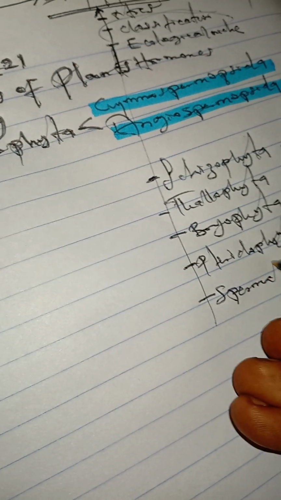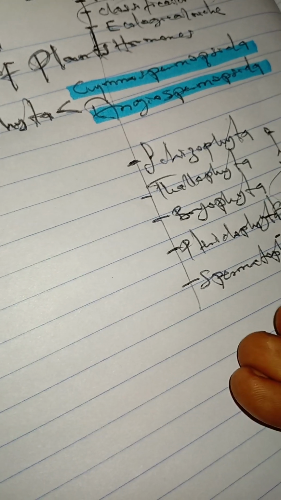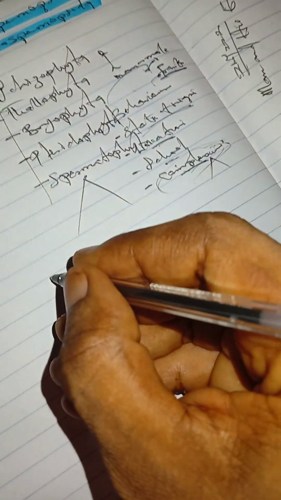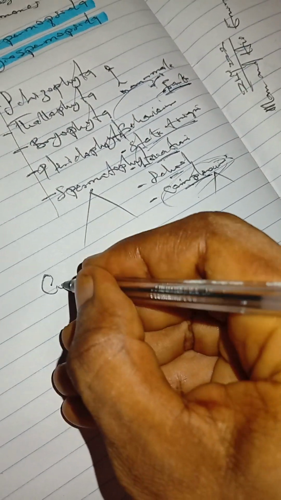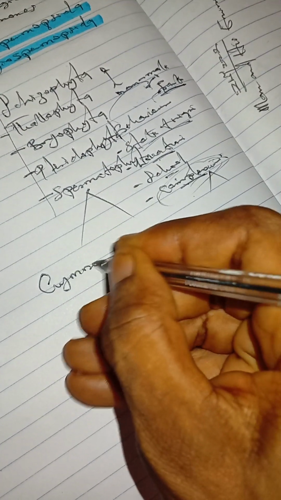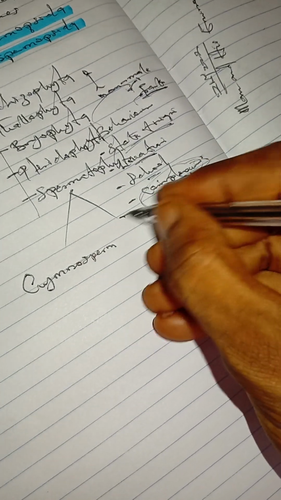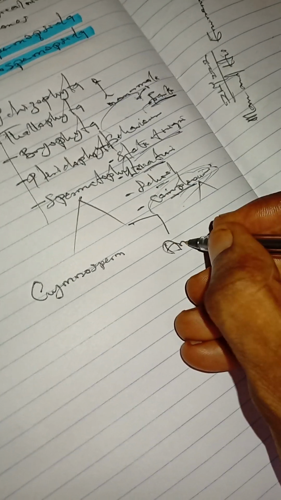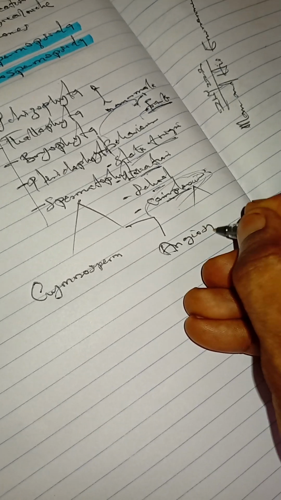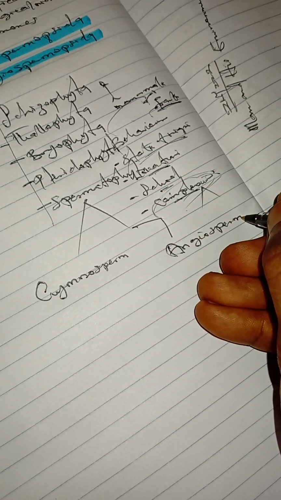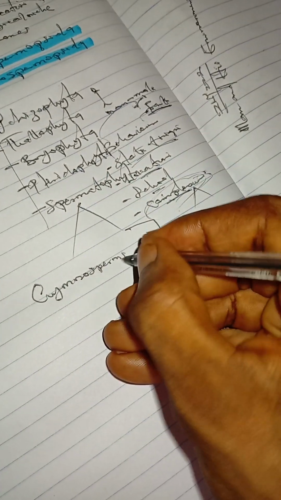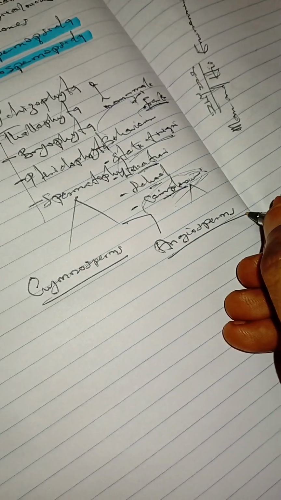Then we move to spermatophyta. And from spermatophyta, we know that spermatophytes are divided into two. We have what we call the gymnosperms, and we also have the angiosperms.